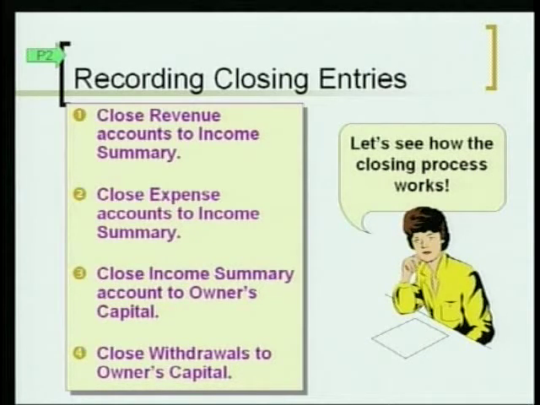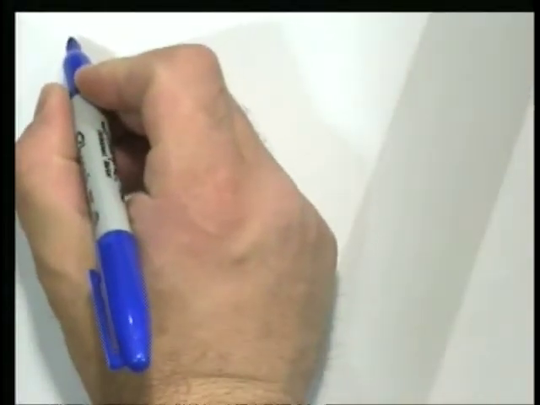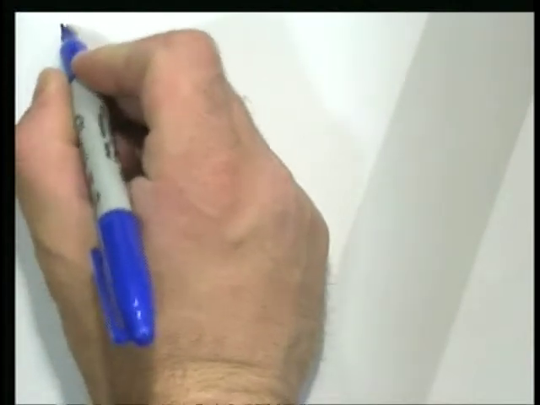All right, let's take a look at what this is going to look like. Now I'm going to go over to the Elmo. But keep that slide that we just looked at in front of you. All right? Let's see here. Okay, the first closing entry is to close the revenue accounts, right?